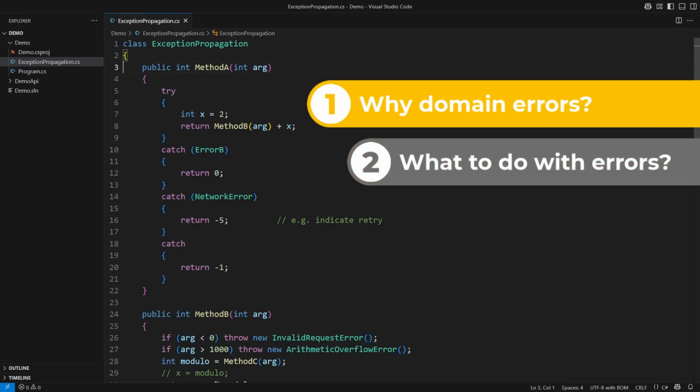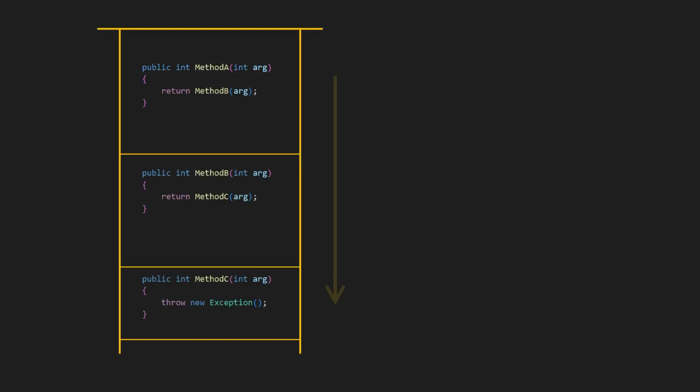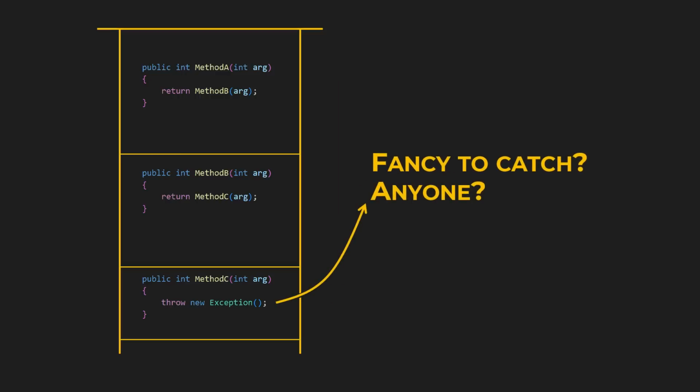I'll briefly answer the first question here because there is already an earlier video in which I have explained the nature of exceptions. The principal issue is that exceptions propagate up the call stack. There is no guarantee that anyone will handle an exception thrown inside a domain operation, let alone handle it appropriately.